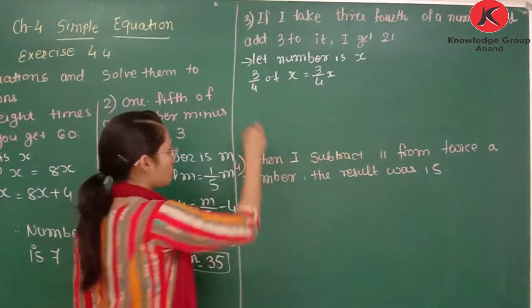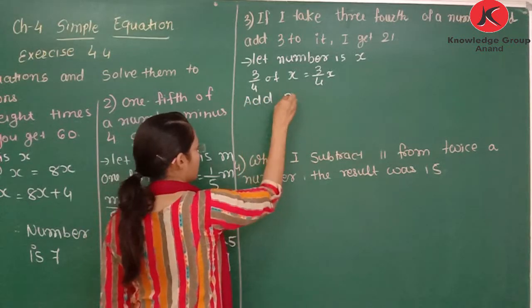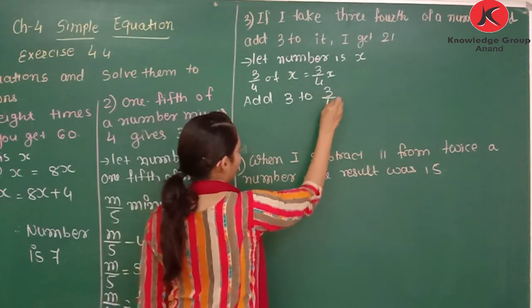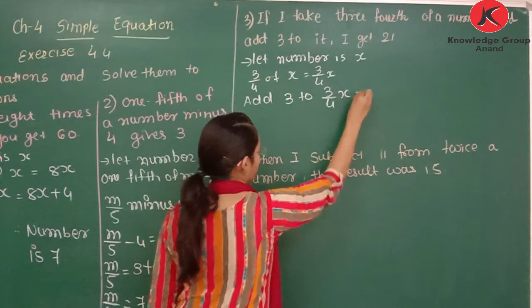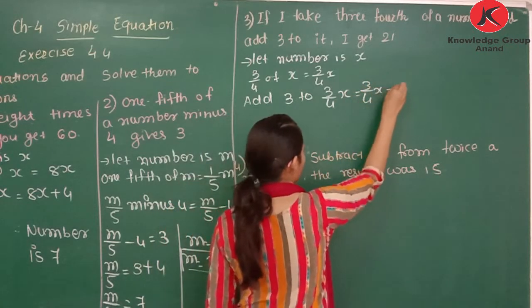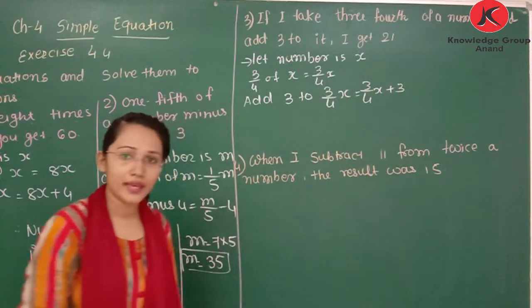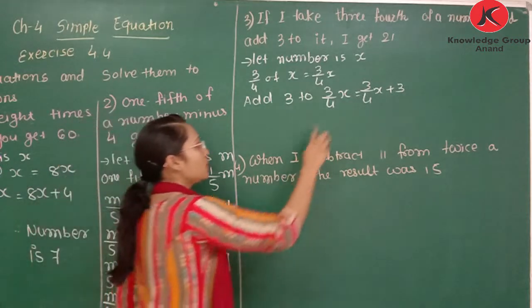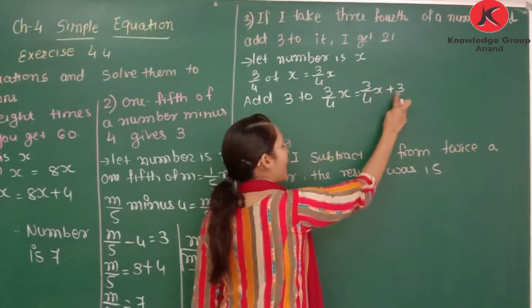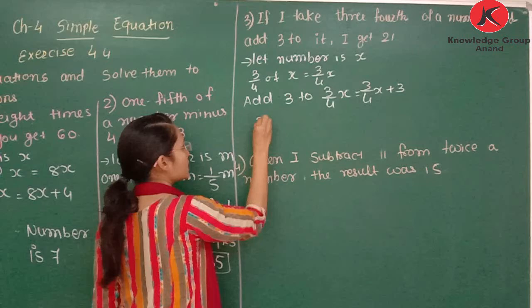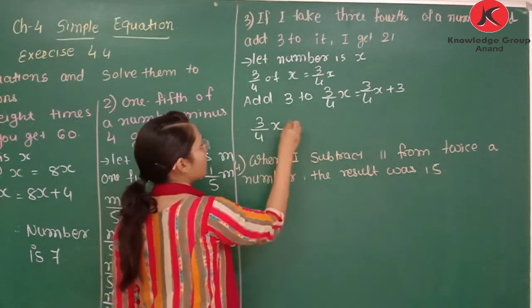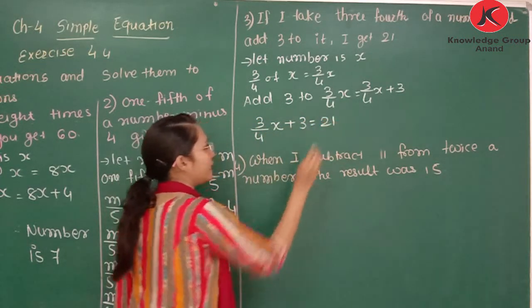Add 3 to 3 by 4x, it will be 3 by 4x plus 3. I get 21. 3 by 4th of x, add 3, you will get 21. So equation will be 3 by 4x plus 3 is equal to 21.